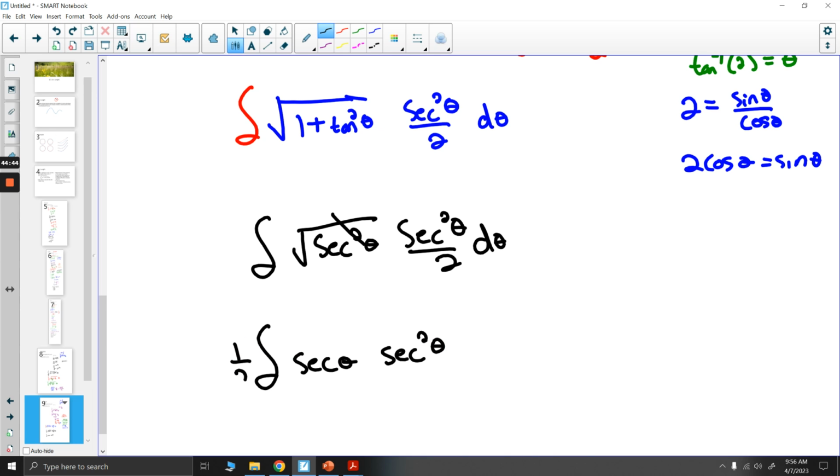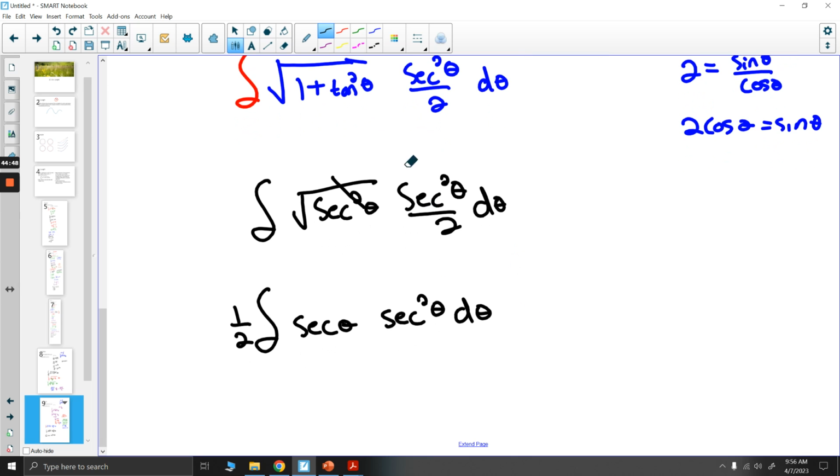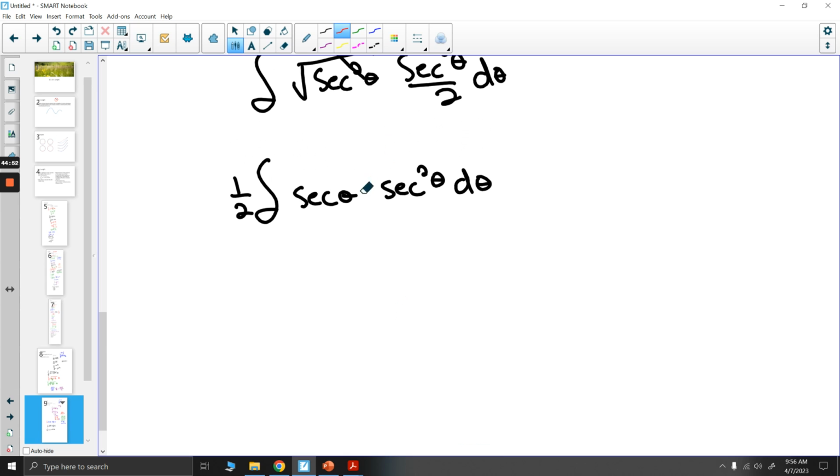I'm going to pull that 1/2 out, d theta. That is to say secant cubed, but here's the problem, secant cubed integration is kind of a challenge. So we're actually going to treat this as integration by parts, because the other one really wasn't working out for us. So if our u is secant theta, then our dv is going to be secant squared theta.